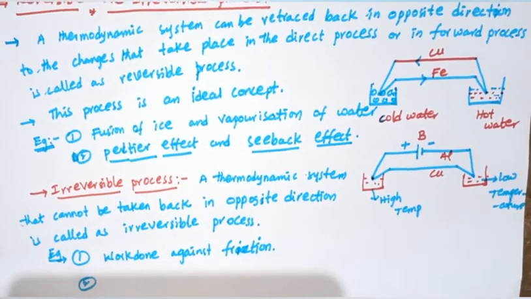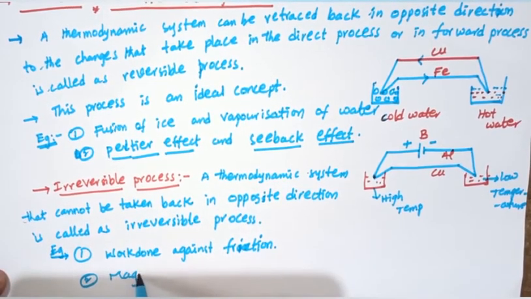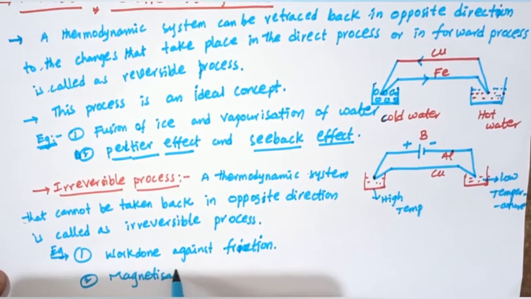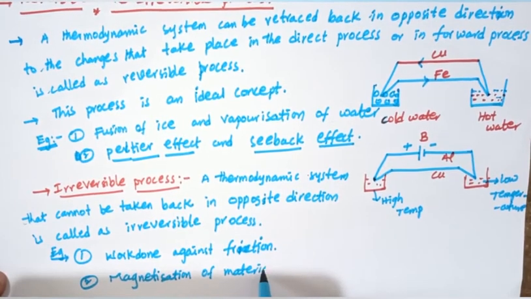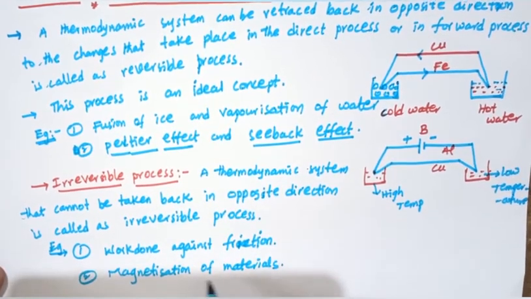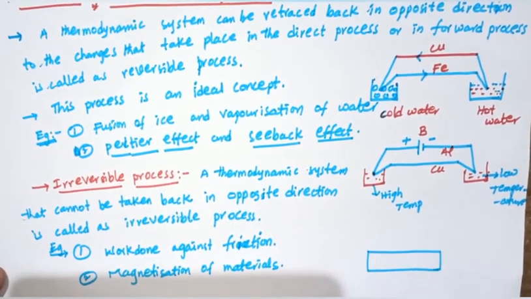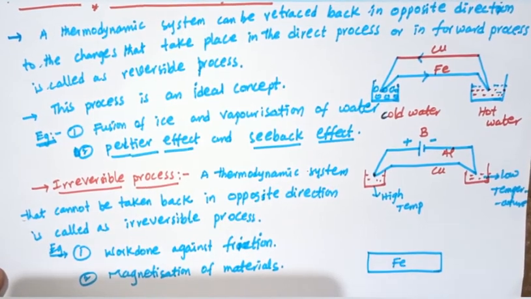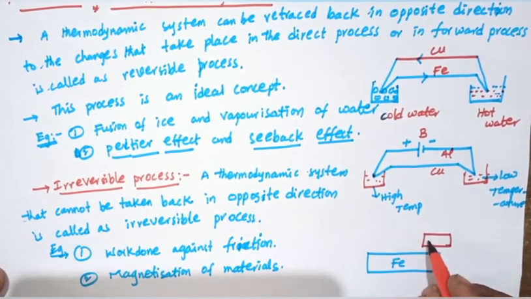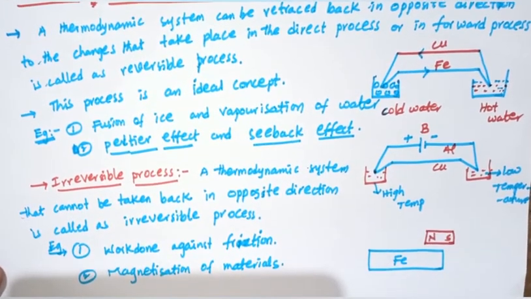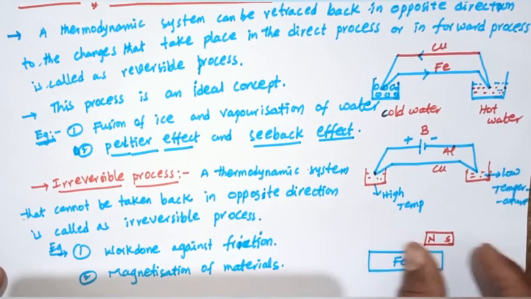The second example we can take is magnetization of materials. For example, this is an iron rod. We take a bar magnet and continuously rub it in the same direction.